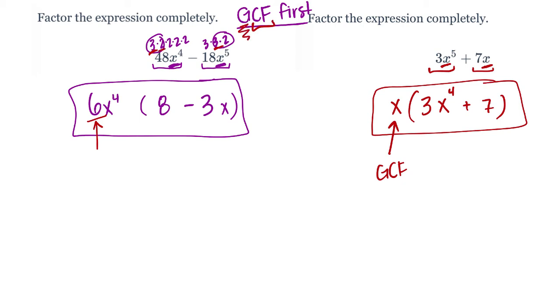So sometimes you may have more factors that you can take out. If that's the case, they all get multiplied together. So like if I took out a 3 and I was left with a 16 and a 6, I realized that 16 and 6 have a 2 in common, so I could take out another 2, and that 3 and 2 would combine to give me a 6.